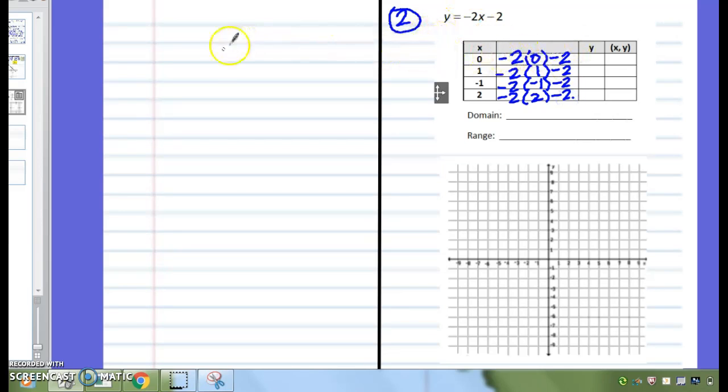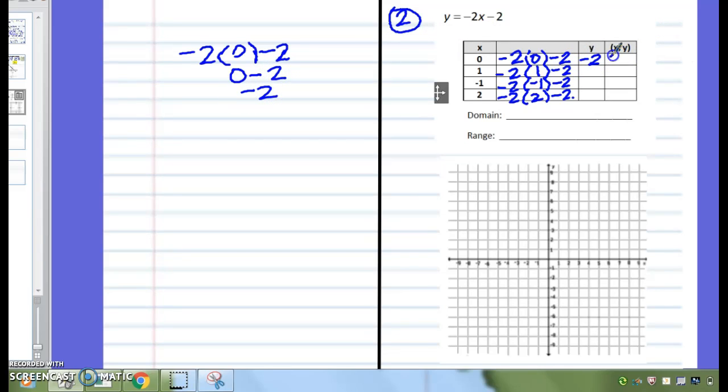Alright, so we'll come over here and show the work. So we have -2 times 0 minus 2. So that gives you 0 minus 2, which is -2.